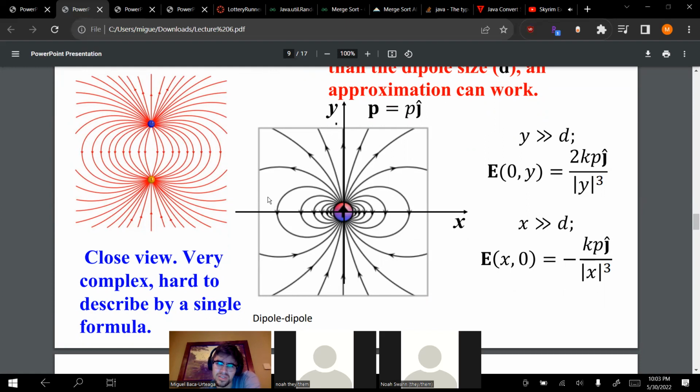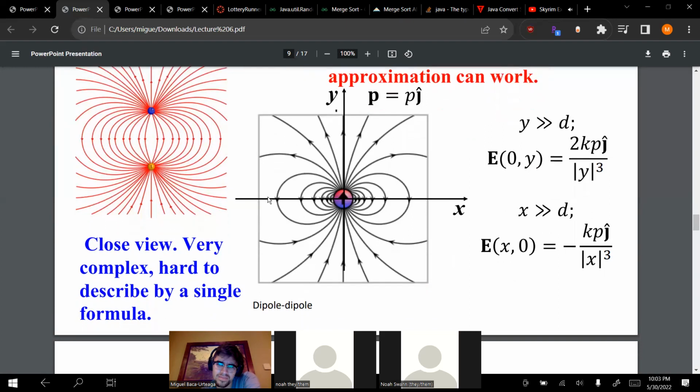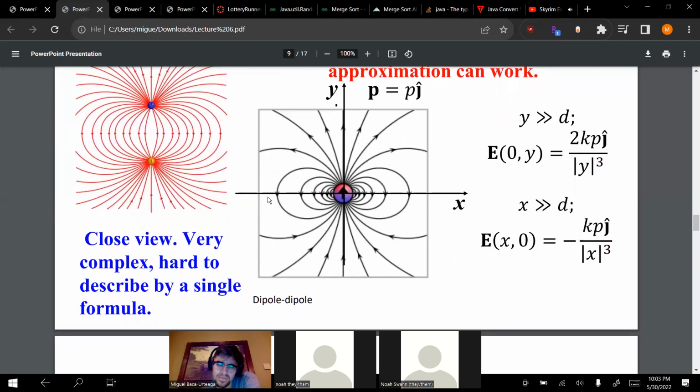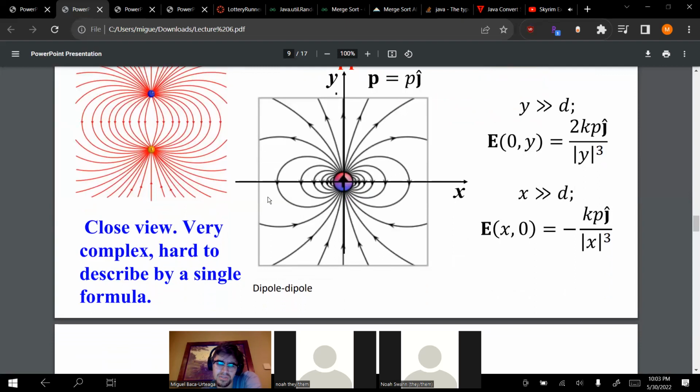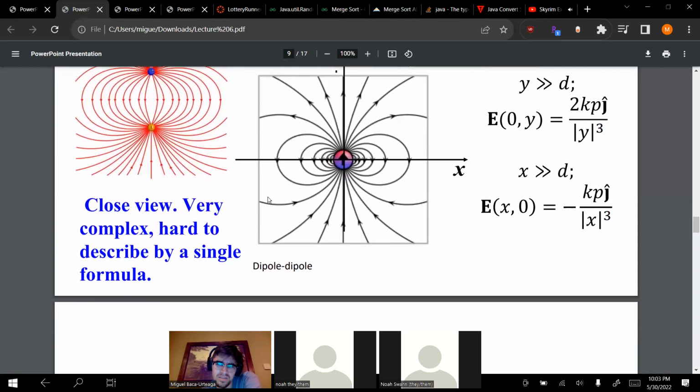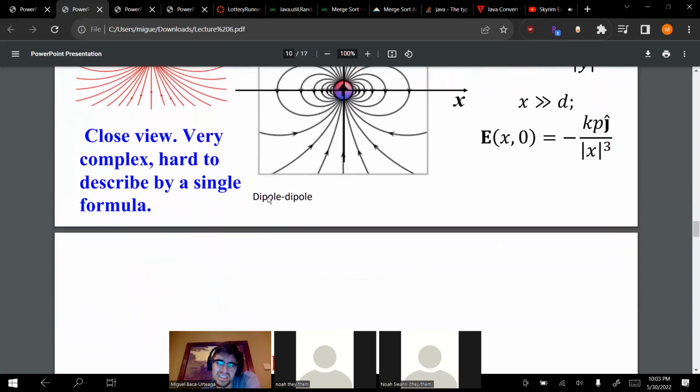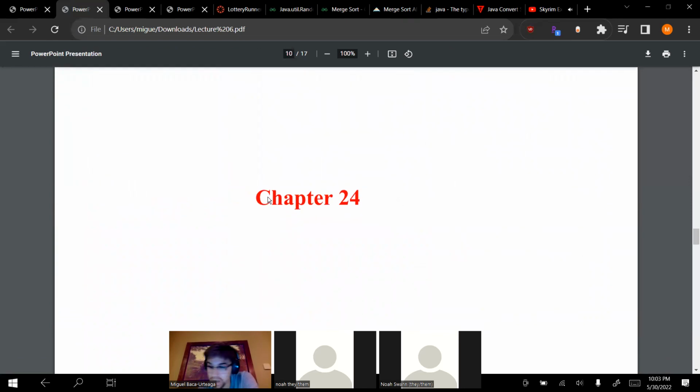So this field is 0 in terms of just what we had, right? Like that's what we just used for our equation. Yeah, I guess this is if you were to break down the vectors, maybe, I don't know if that's the right word. Chapter 24.